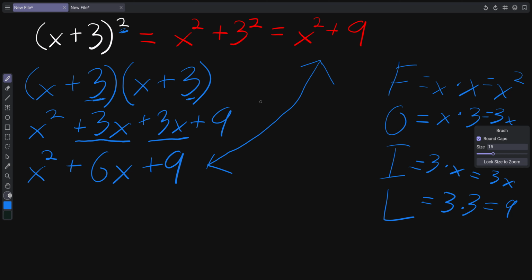So when you see binomials being squared, especially when they're in parentheses like this, be sure to expand it like this so that you can really see what's going on and that you can do the math properly.